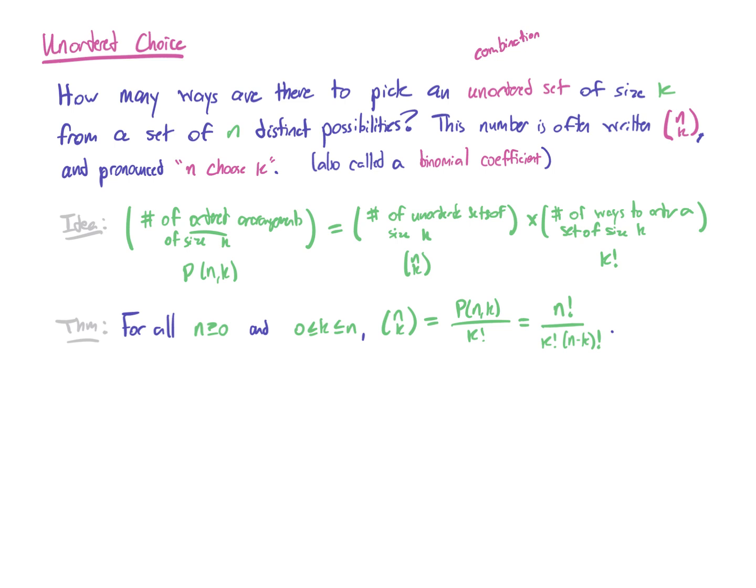So this is our formula for the number of combinations of size k from a set of n elements, also called the formula for the binomial coefficient n choose k.